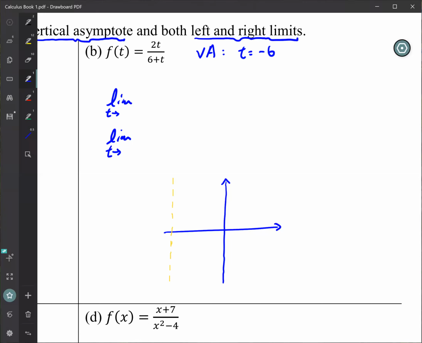Okay, very good. And make sure you label it, right? 1, 2, 3, 4, 5, 6. Yep, very good. All right, and Emily, could you draw the right side of the curve?